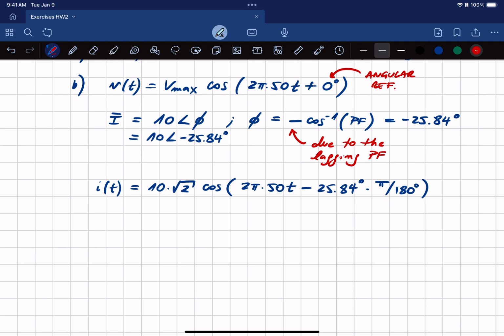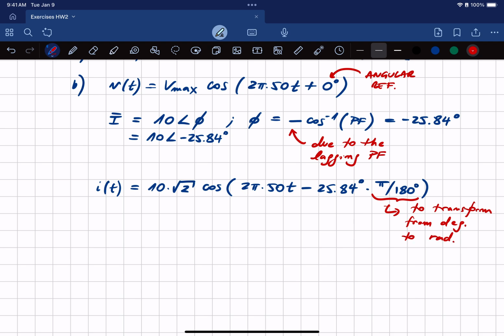So I'm going to add a note here saying explicitly, so you don't forget, okay? To transform from degrees to radians.